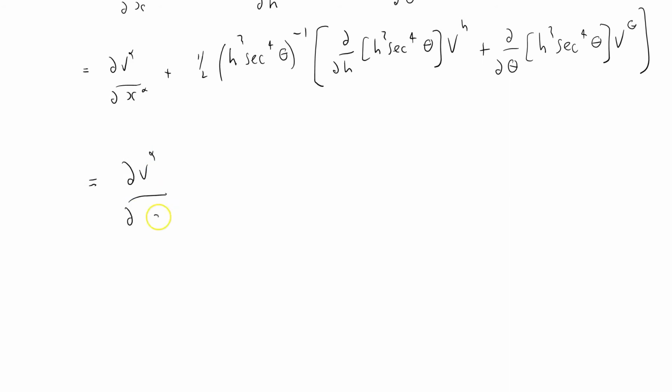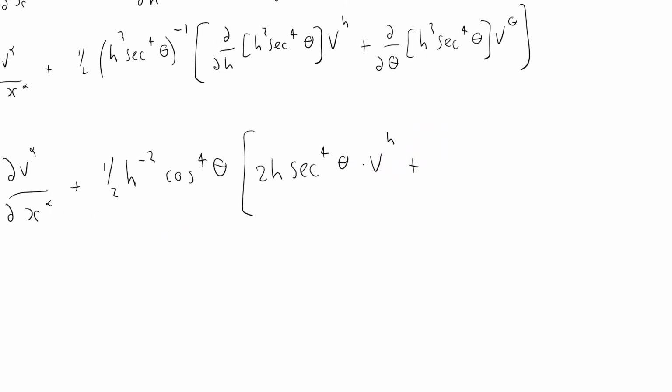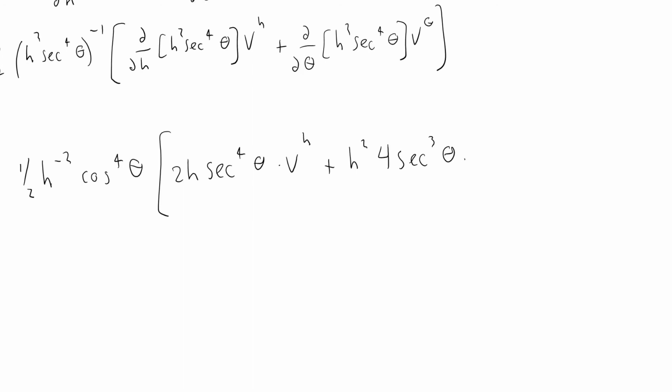∂v^α/∂x^α plus 1/2 h^-2 cos⁴θ times 2h sec⁴θ times v^h, plus h² times 4 sec³θ times the derivative of sec, which is sec θ tan θ, times v^θ, and I'll just neaten it up a tiny bit.